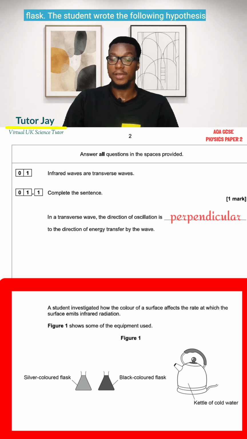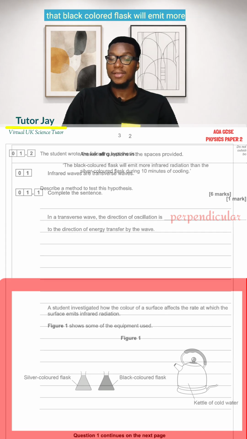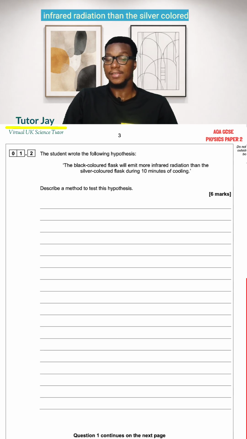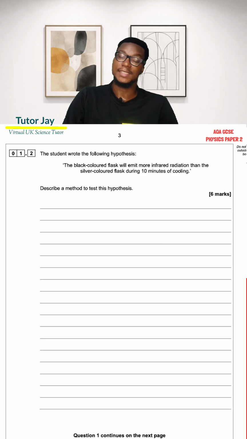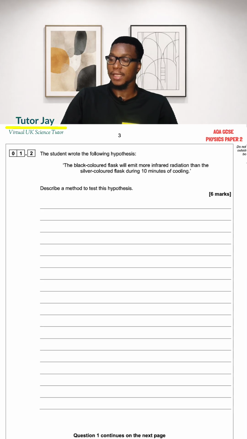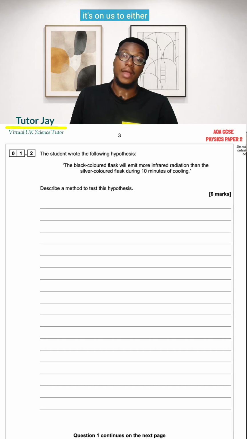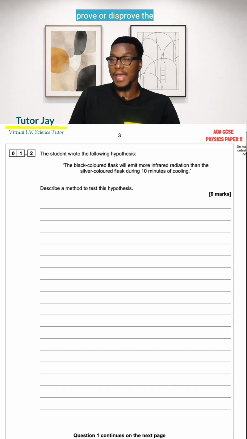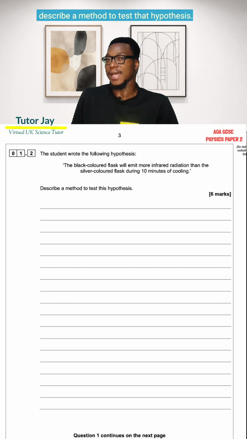The student wrote the following hypothesis: the black colored flask will emit more infrared radiation than the silver colored flask during 10 minutes of cooling. That's a hypothesis. It's on us to either prove or disprove that hypothesis. So we're required to describe a method to test that hypothesis.